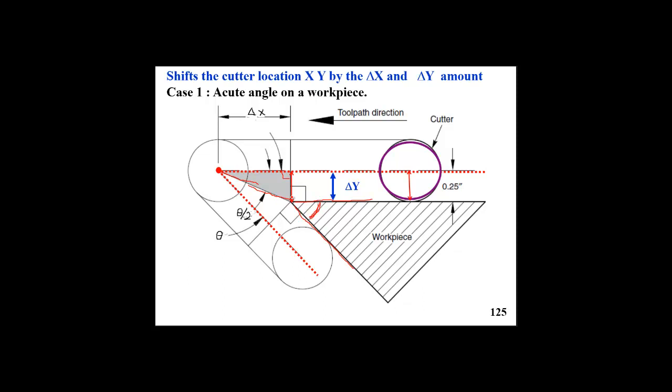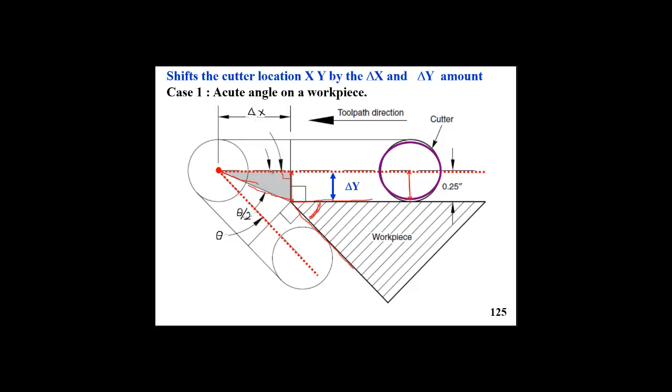As we see in that triangle, the first side actually represents how much we shift the cutter in the y direction, which is dy. That is straightforward: it is equal to the cutter radius. So dy is directly equal to the cutter radius. The second shift is dx.